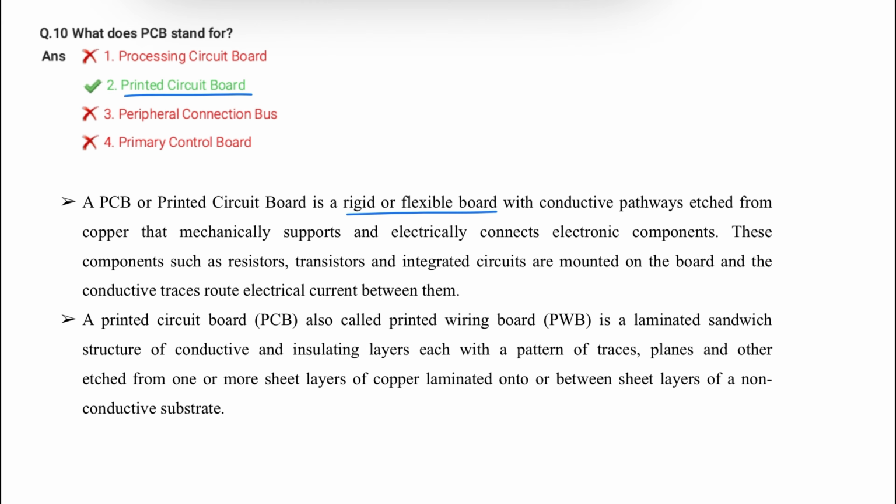Components such as resistors, transistors, and integrated circuits are mounted on the board, and conductive traces route electrical current between them. A PCB, also called a PWB, printed wiring board, is a laminated sandwich structure of conductive and insulating layers, with patterns of traces and planes etched from one or more sheet layers of copper laminated onto or between layers of a non-conductive substrate.